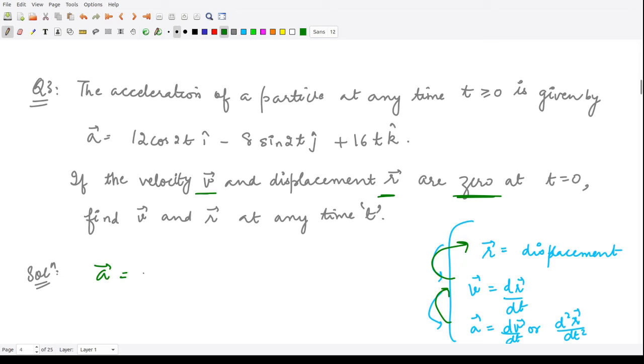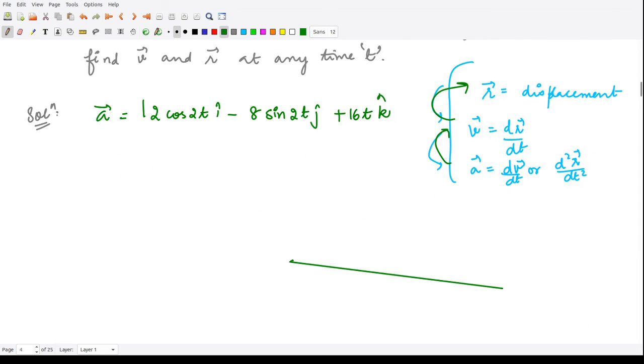So our a vector is given to be 12 cos 2t i cap minus 8 sin 2t j cap plus 16t k cap. Now in order to calculate v, we are to integrate this quantity, so let's integrate with respect to t.